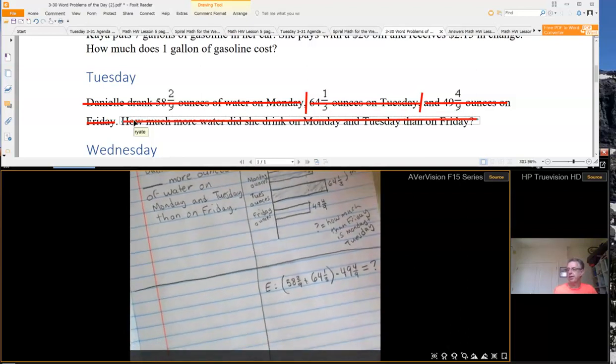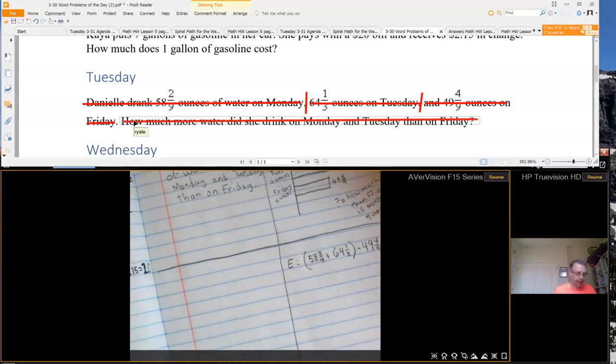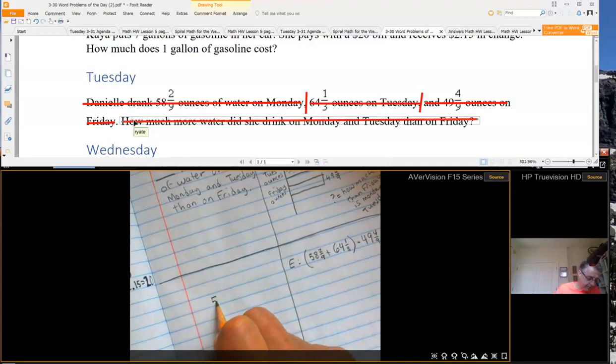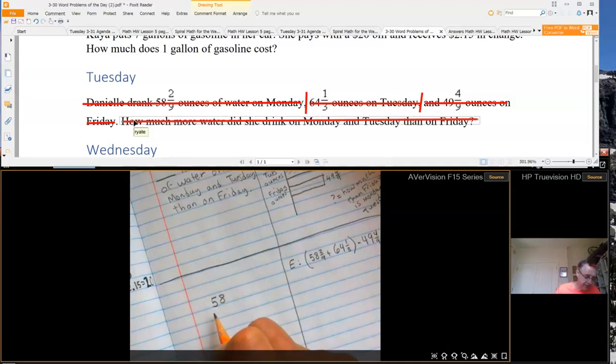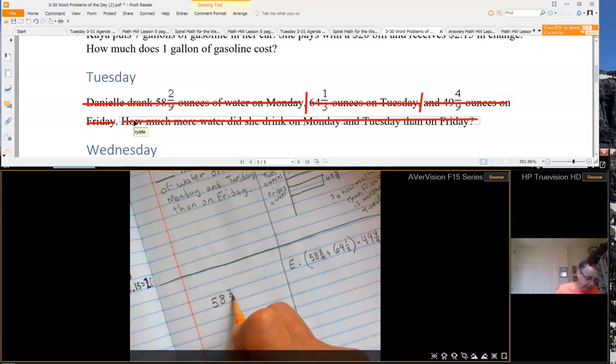Now to solve that, I'm going to go into my solving section, and I'm going to go vertical. I'm going to take my 58 and 2/9. I'm going to add my 64 and 1/3 first. And it looks like I do not have the same denominators, so I'm going to change this bottom fraction, 1/3, into a fraction that has a denominator of 9.